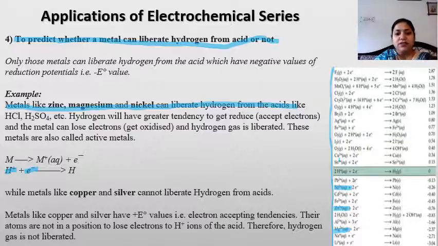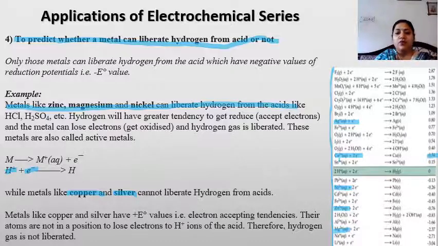Whereas if we are talking about copper and silver, look at the places of copper and silver. Silver is present above, with a value of 0.8, and copper is also having a positive value of 0.34.